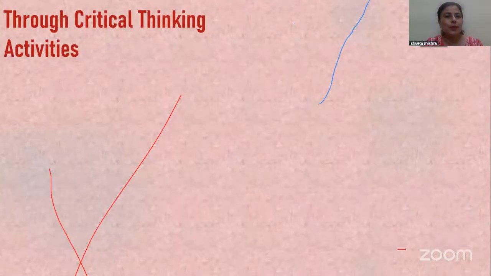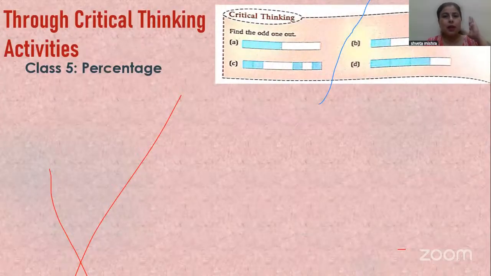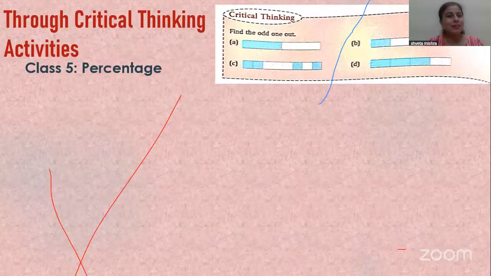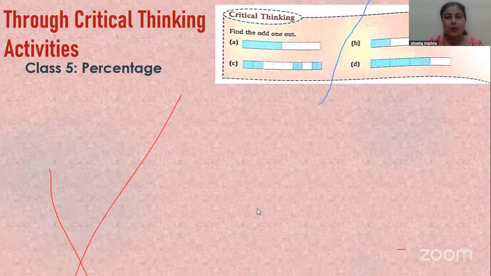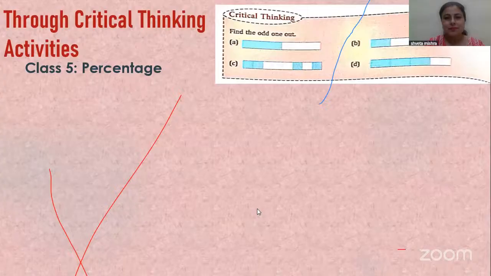Now, through critical thinking activities, I want teachers to please come up with the answers. It is related to percentage for class 5. Find the odd one out. A, B, C, and D. Which one is the odd one out? Please tell me. Critical thinking, odd one out.